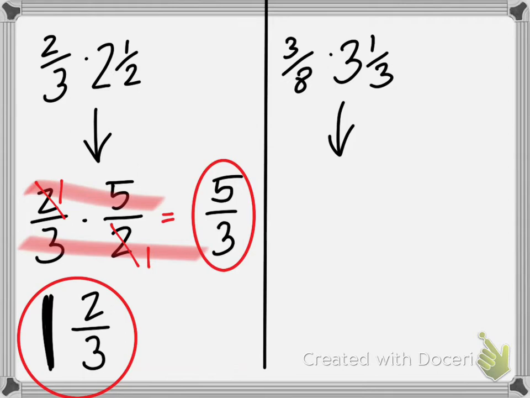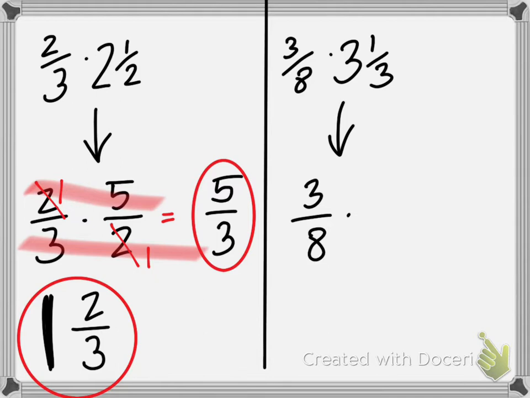Let's do the second one again. 3/8. So I need to make the second one into an improper fraction. So let's see. Edson, work with me together on this. We take our big number times our denominator. What is 3 times 3?